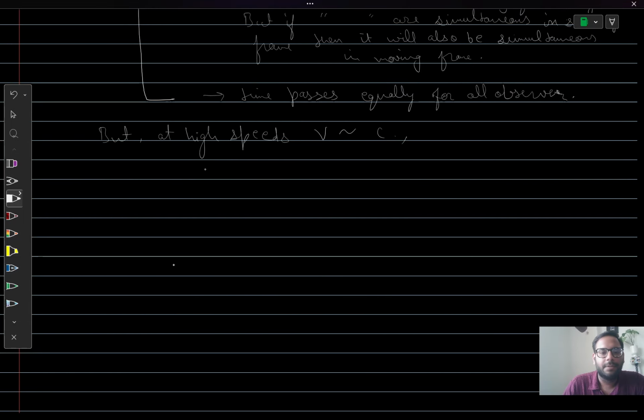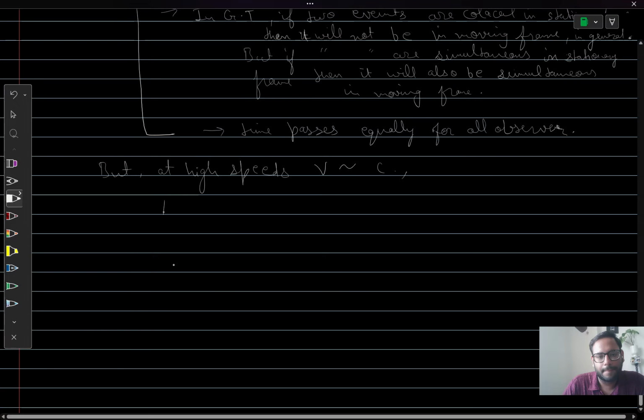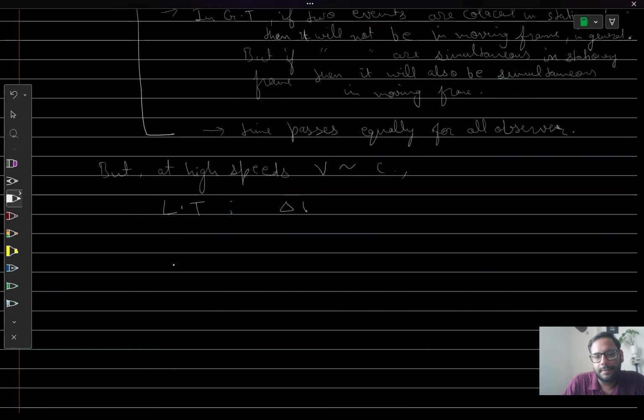Okay, but at high speeds, you see here, I have Lorentz transformations like this. Del t prime is equal to gamma times (del t minus v by c squared del x). Okay, when you put del t equal to 0, this will imply del t prime is not 0.